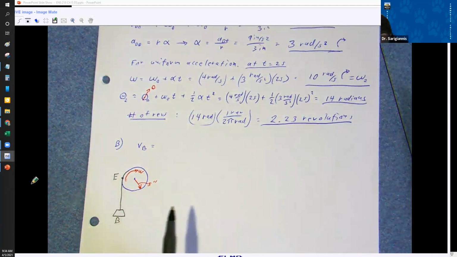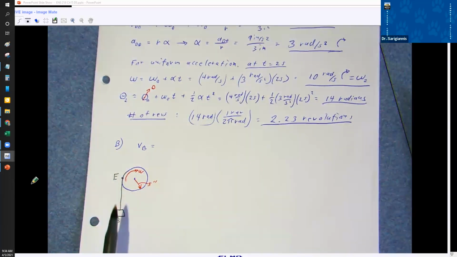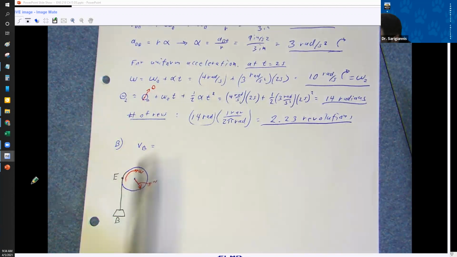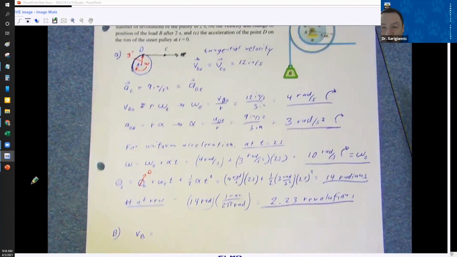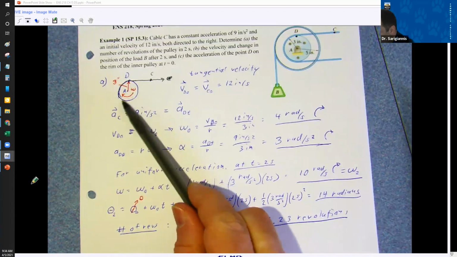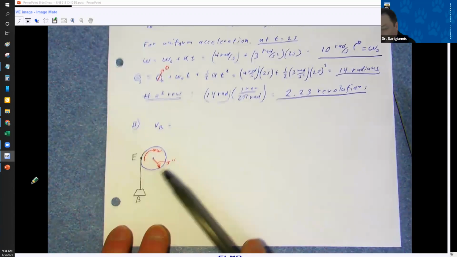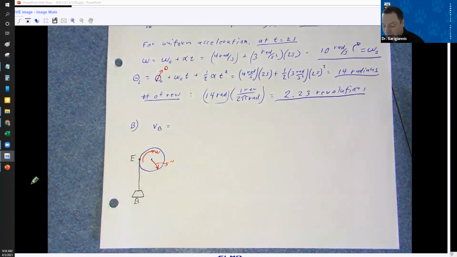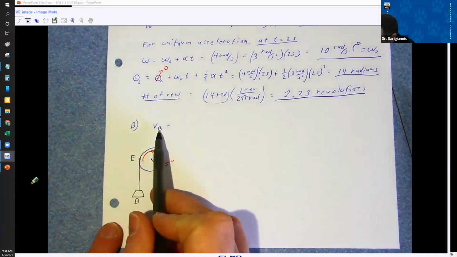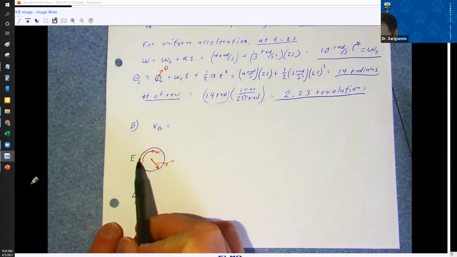So this is what we're looking at for weight B. It wants us to know the velocity and change in position of the load after 2 seconds. The angular velocity doesn't matter if it's on this small 3-inch pulley or this 5-inch pulley. The angular velocity is the same. What we need to figure out is the tangential velocity.